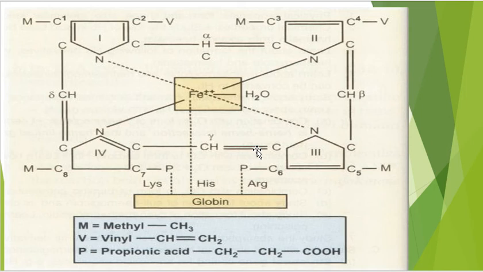Thus, one hemoglobin molecule contains 4 heme units. In other normal hemoglobins, the beta globin chains are replaced by other chains, delta, gamma or epsilon chains, forming different types of normal hemoglobin.